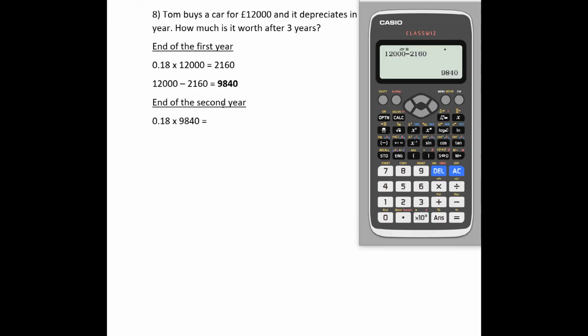To work out how much the car is worth at the end of the second year, I need to do 0.18 multiplied by 9,840. I don't trust that, let me try it again, 0.18 times 9,840, which is £1,771.20.